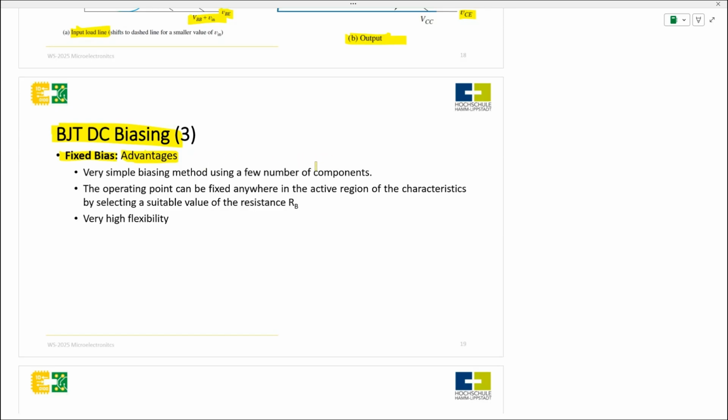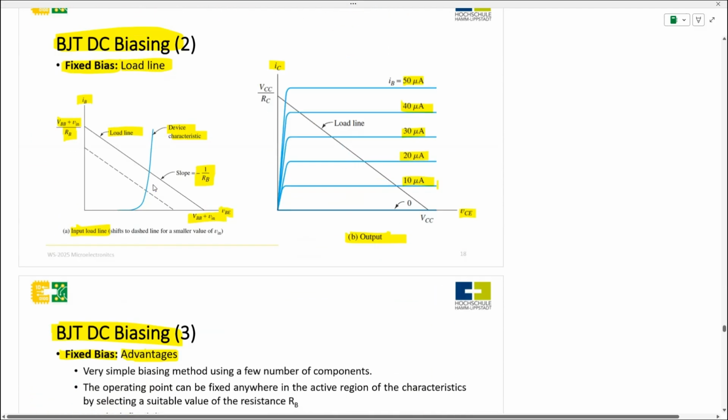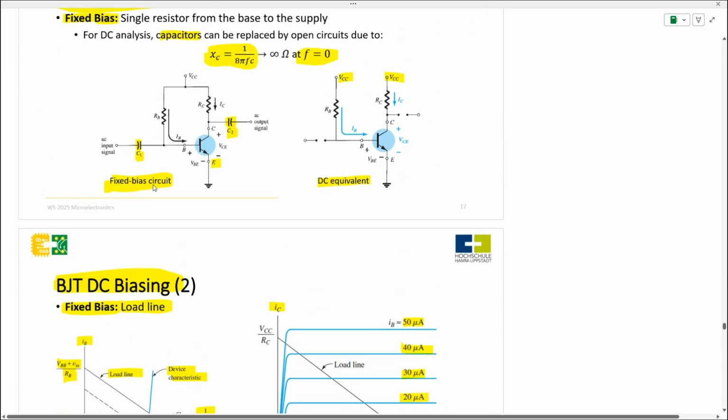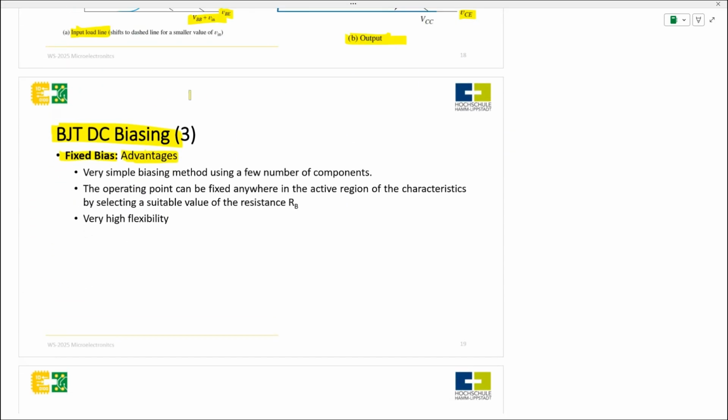If you remember, we used only two capacitors, or maybe three sometimes, but in this case it's just two capacitors. So it is a simple biasing using few components.